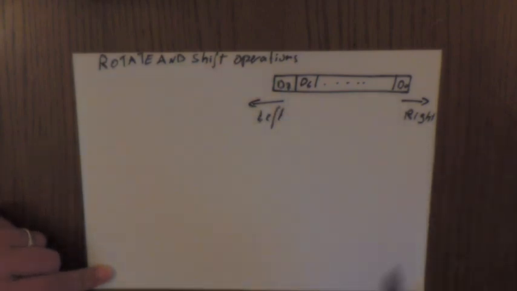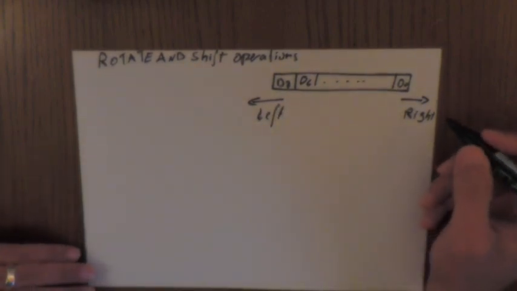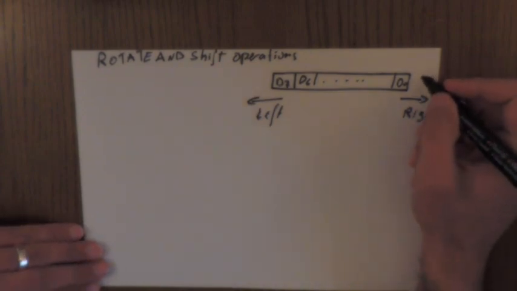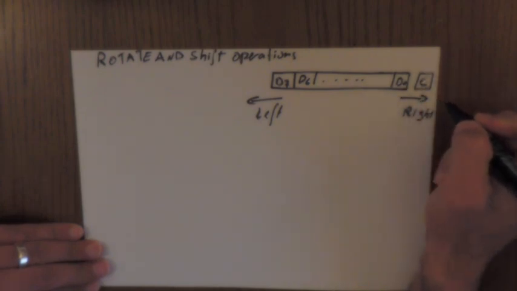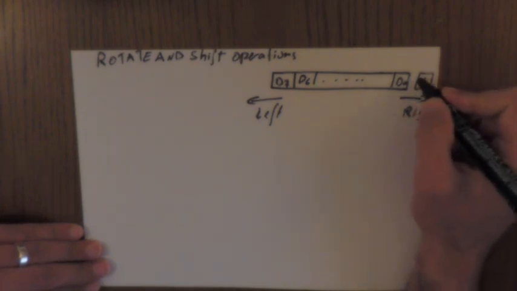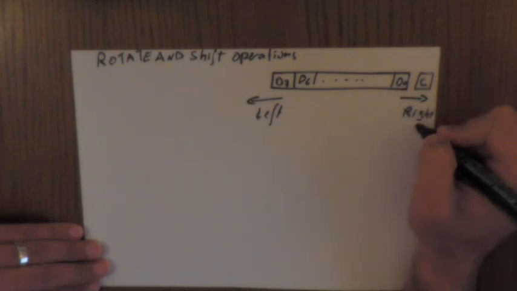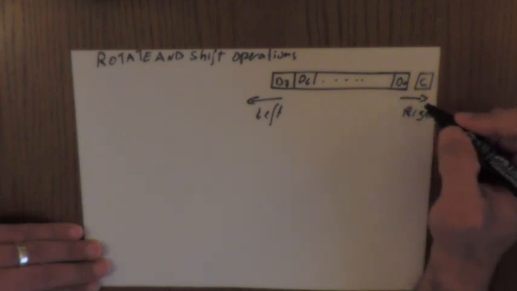We have some instructions that do this, and especially for rotate, they sometimes use the carry flag. So this carry flag will be used when we're going to rotate right or even rotate left.